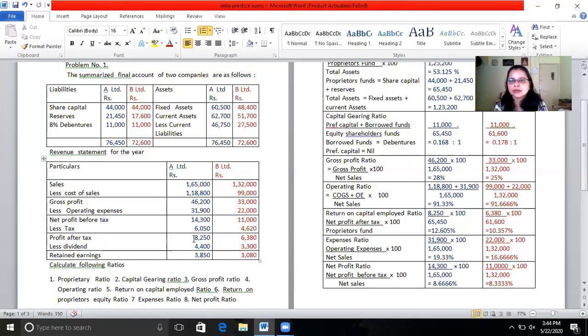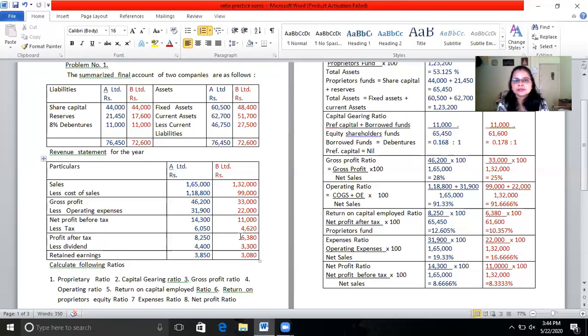Our answer will be 12.605%. For B Limited, profit after tax but before preference dividend is 6380 upon proprietor's funds 61,600, as we have already calculated it. We need not calculate it again and again. Into 100 equals 10.357%.